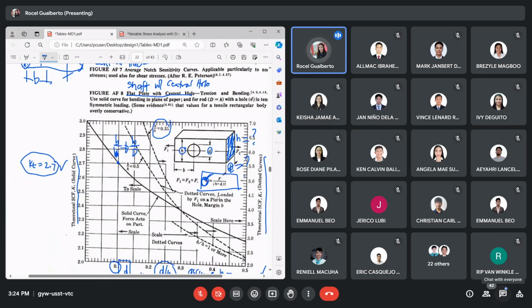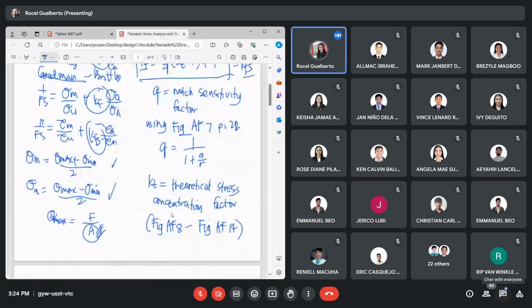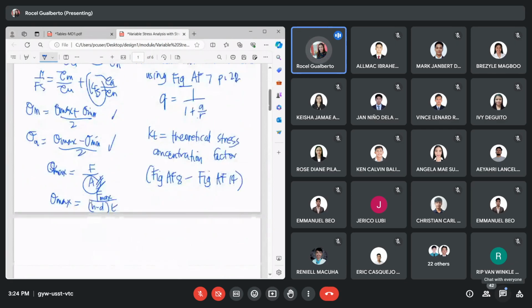Medyo na iba kasi yung area nababawasan with the contained surface discontinuity or stress raiser. Okay? Kaya yung equation mo ngayon, sa halip na F over A, ang gagamitin mo, sigma maximum would be equal to F over H minus D times T. And then you'll use here F max. Okay? Kung siya naman po ay F minimum, it would be F minimum over H minus D times T.